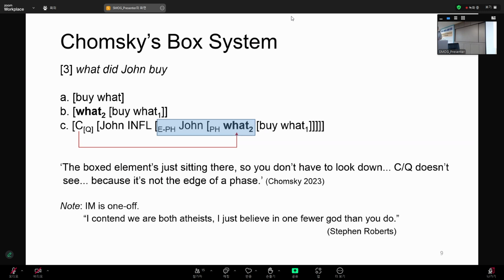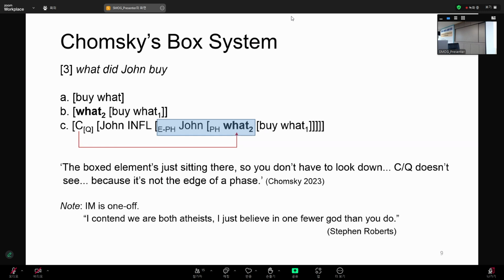And then he also suggests in his 2023 online lecture something like, the boxed elements, these two, are just sitting there, so you don't have to look down.